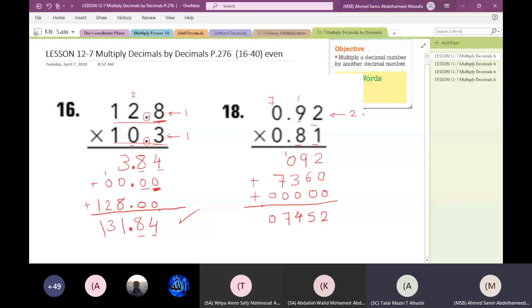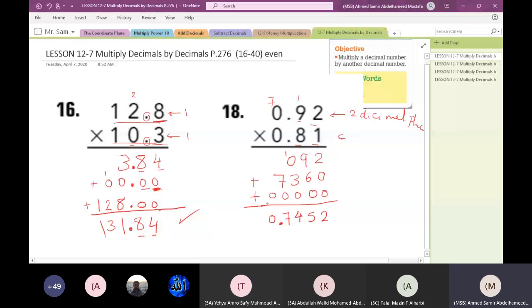And 2 decimal places here as well, right? So we put the decimal point after 4 decimal places. So it's here. So the answer is 7,452 over 10,000.